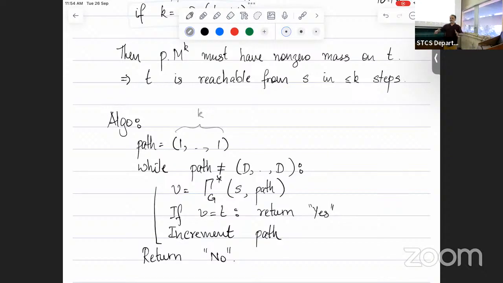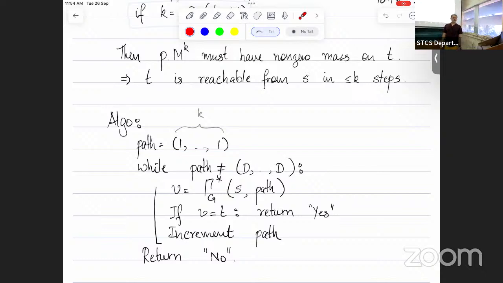Basically what I'm going to do is explore all vertices that are reachable within k steps, and I'm doing it in some systematic manner. I'm first going to approach the vertex reached by taking the first edge k times. And then I will do first edge, second edge, and so on. I keep doing this until I end up with this d, which is in some sense the last possible path you could take.